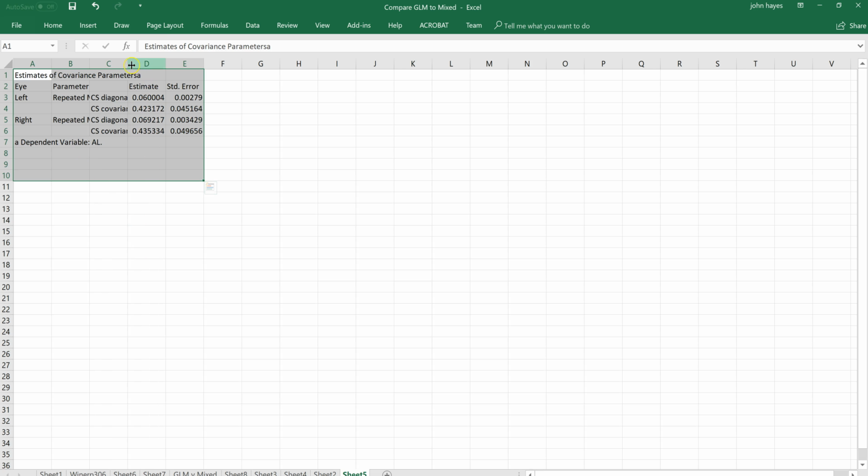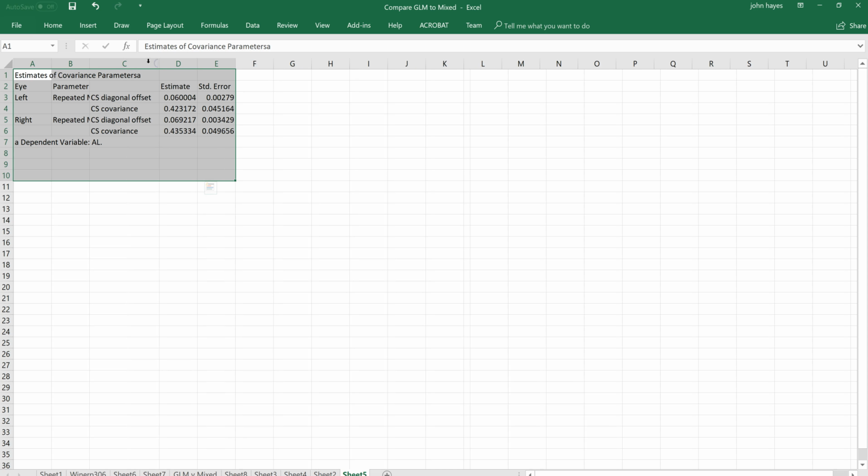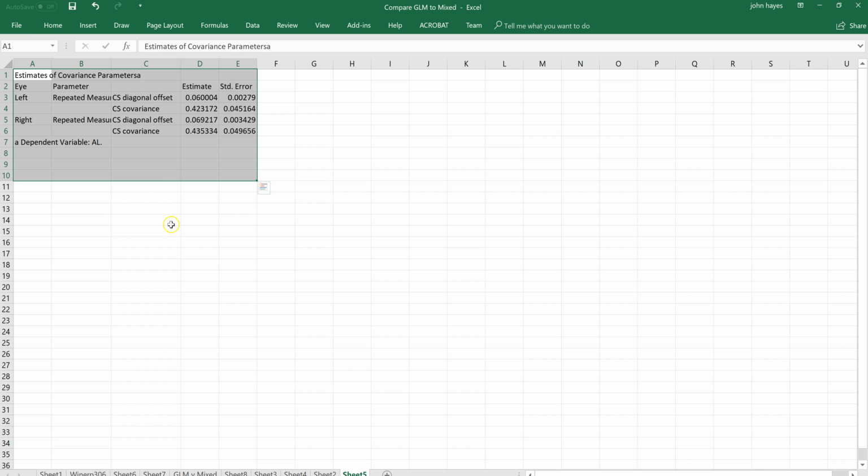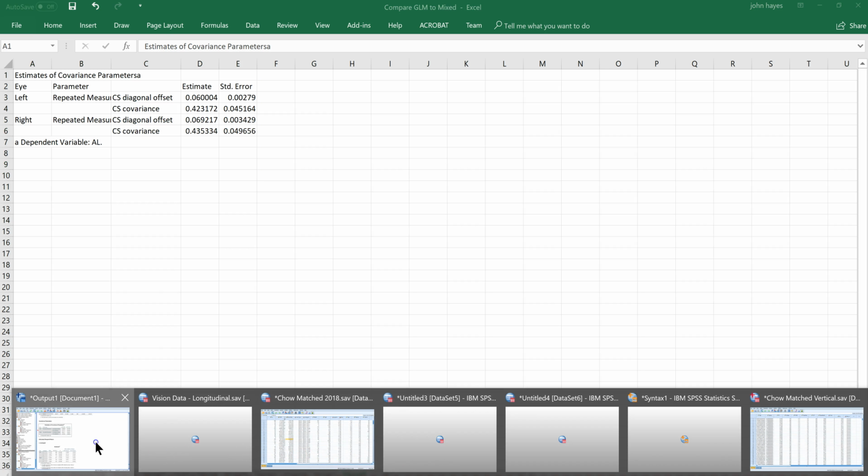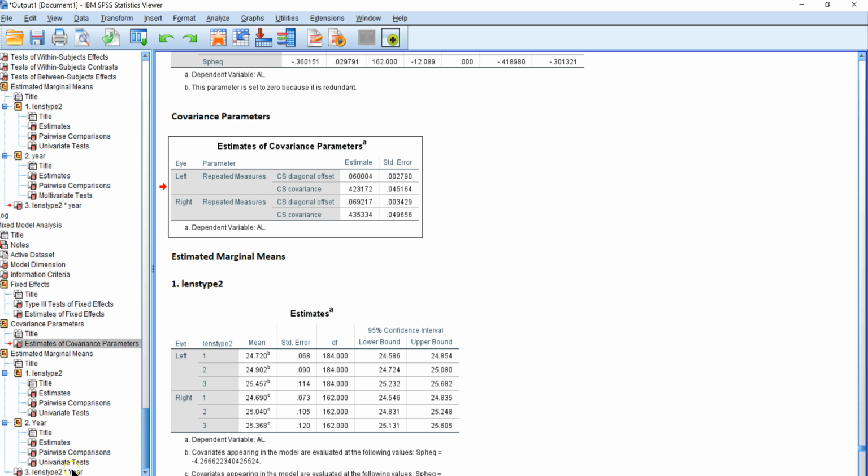And have it for the left and right eye. We also want to get our means.